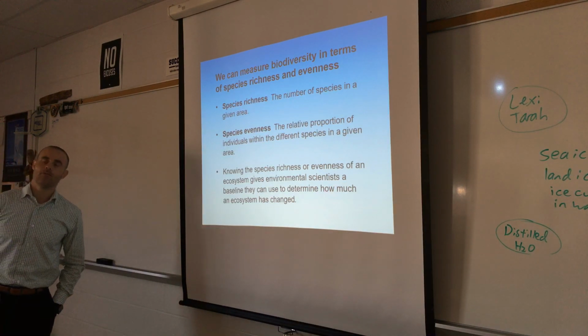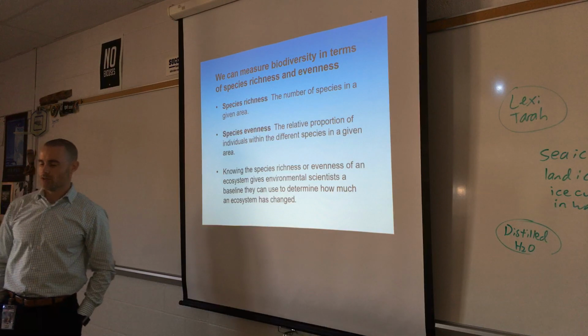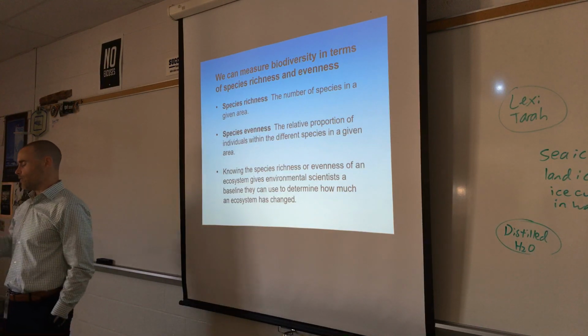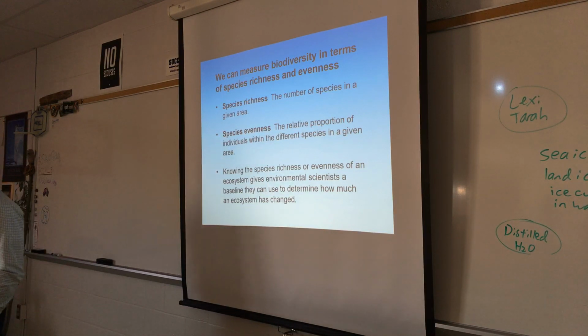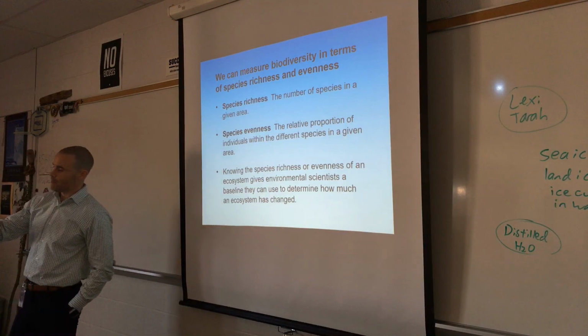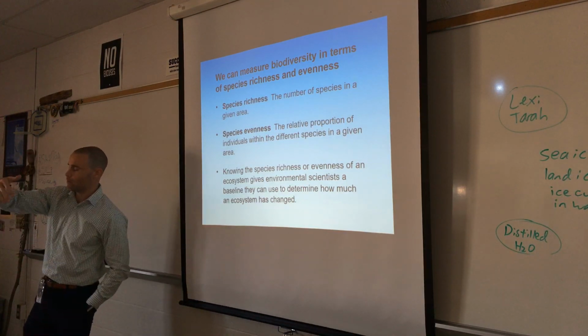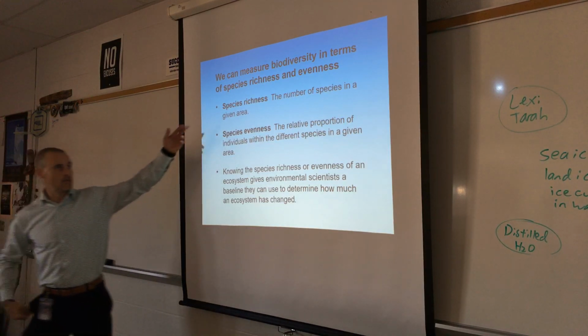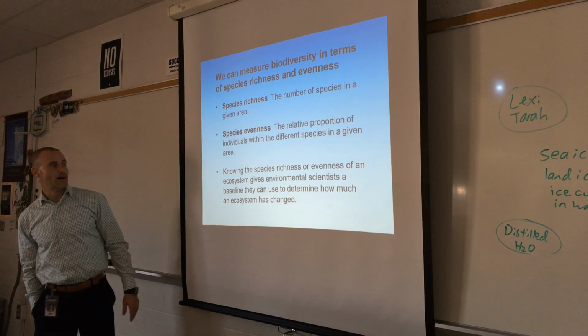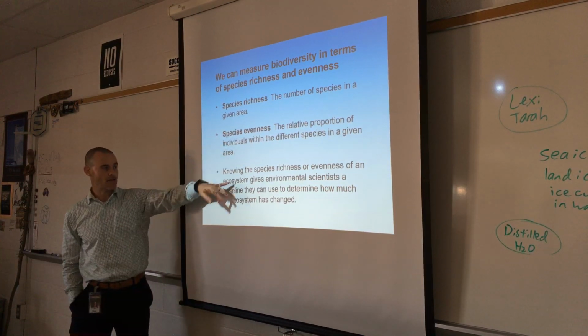And I think one of the examples, I can't remember off the top of my head, you had like 4 different species. One had 95 individuals, the other 3 only had 2. Does that sound right? So the point was that was definitely less diverse than the previous example because there were 25 individuals in each. And that's kind of what these 2 words are talking about. So make sure you get those definitions down.